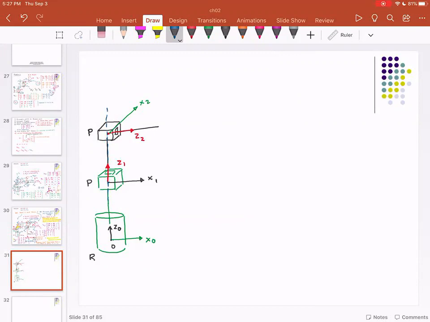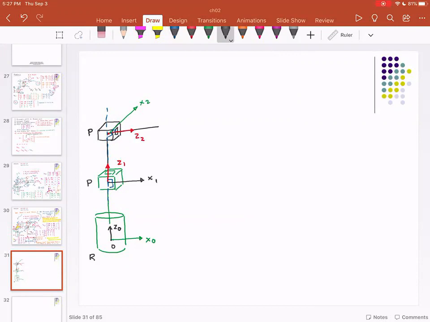So X1 is intersecting with Z1. It's perpendicular to Z1. X1 is intersecting Z0 and is perpendicular to Z0. X2 is perpendicular to Z2. X2 is perpendicular to Z1, and it's all intersecting. So all 4 conditions are satisfied. Are you with me so far?